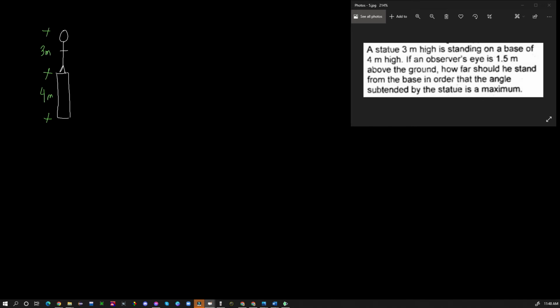Now, if an observer's eye is 1.5 meters above the ground, say a person is standing there, his eyes are 1.5 meters high. How far should he stand from the base in order that the angle subtended by the statue is a maximum?